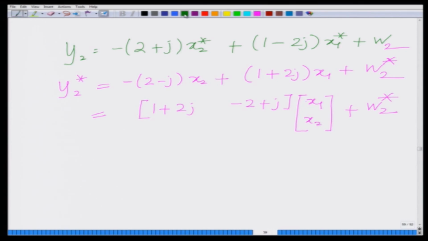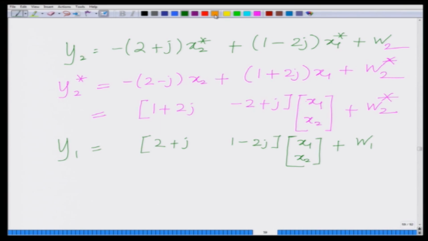And previously what did I have? Previously I had y1 equals (2+j, 1-2j) times x1 x2 plus w1.